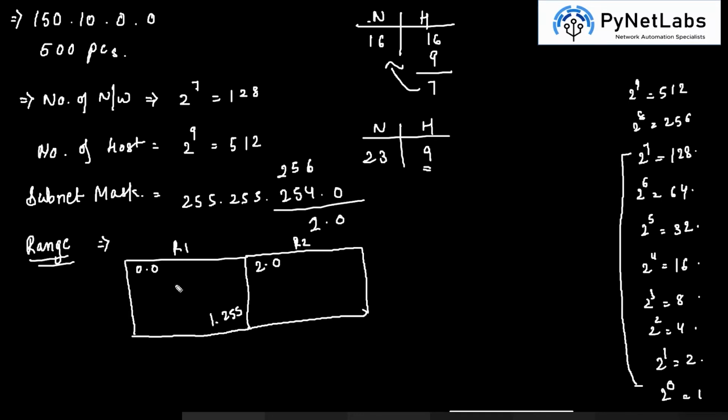So this will be the range of IP, 512 IPs, which can be used for the distribution of 500 PCs. Now, if I write the range, it will be 150.10.0.0 to 150.10.1.255.